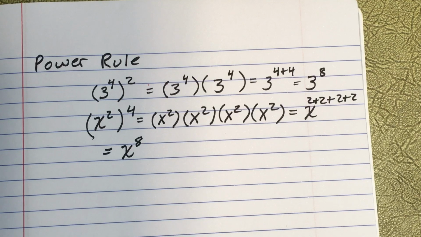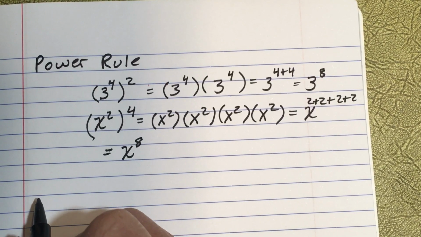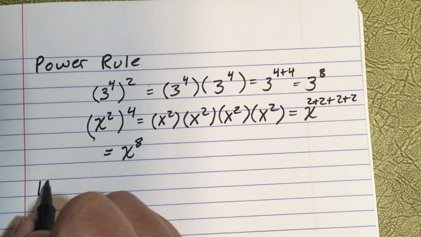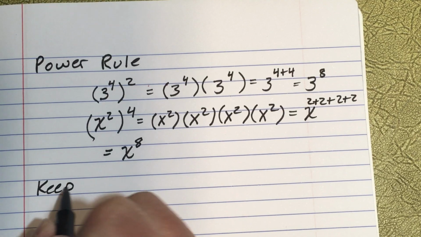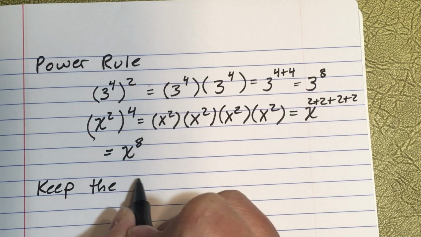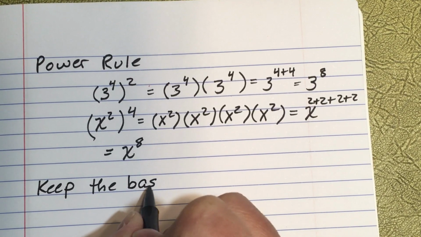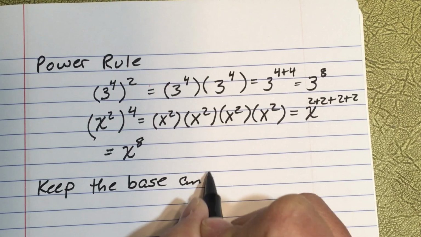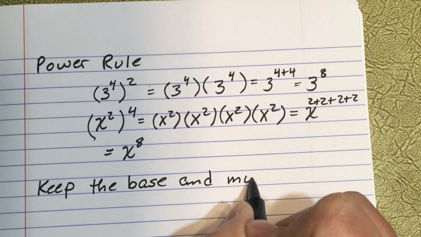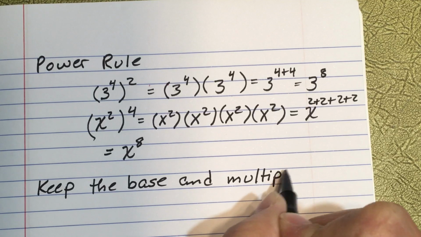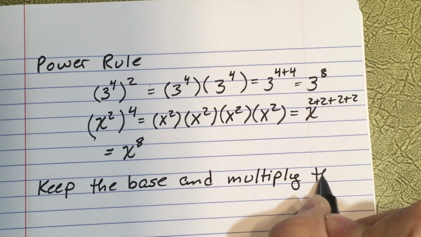There's a shortcut. So the power rule of exponents says keep the base. It always says keep the base. And multiply the exponents.